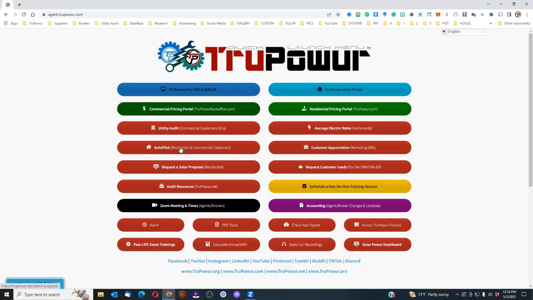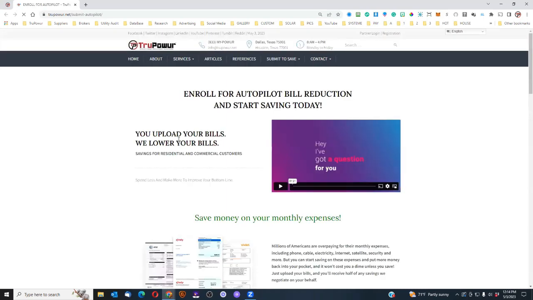The other tab here is AutoPilot. AutoPilot is very similar in the sense of cost centers. In other words, all of the different areas that are available. The utility audit, there's a lot of areas that we audit other than just the electric bill.